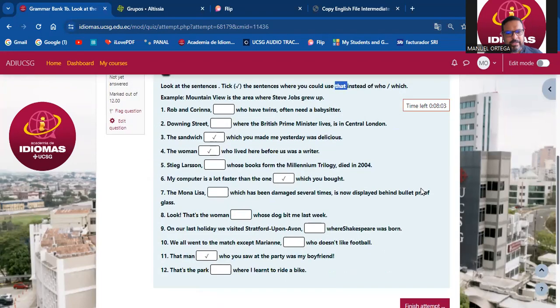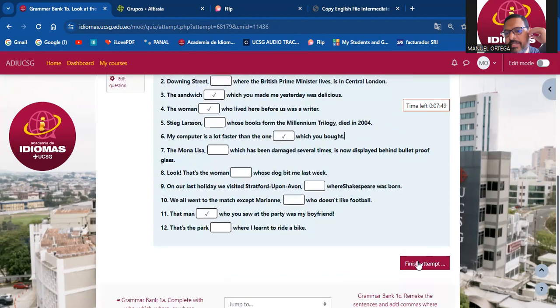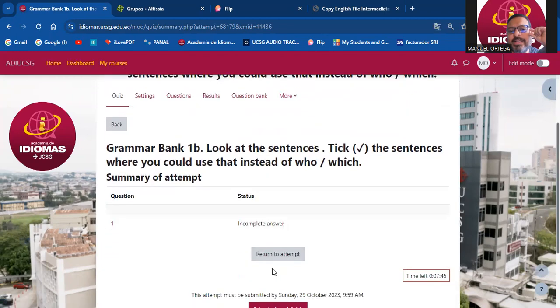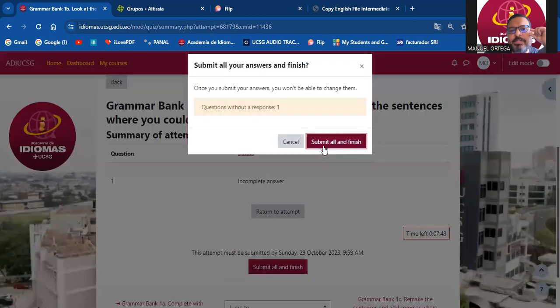That man. And number 12, that's the park. Now, what do you see in common in the ones where I put the tick? Let me first finish my attempt and see what I got. Let's see if everything is all right.